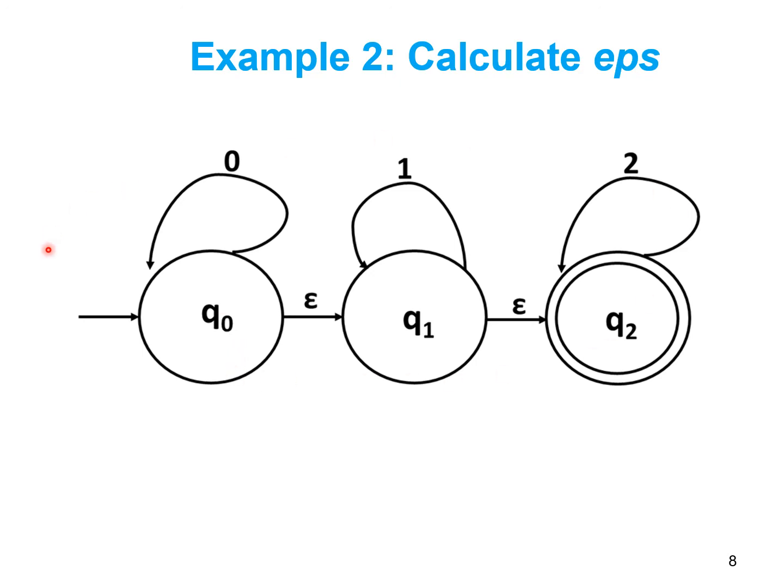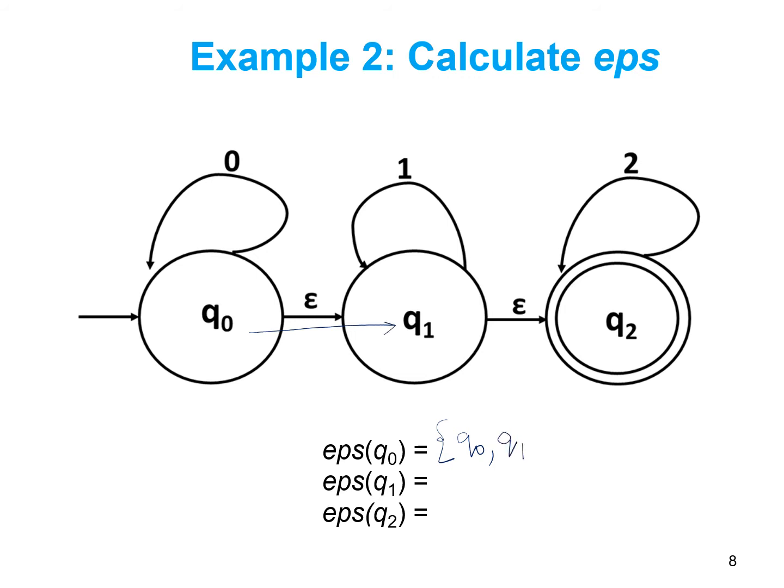Given an NDFSM, we are supposed to calculate EPS of Q0, Q1 and Q2. First, EPS of Q0. By default, Q0 is in the result, and from Q0 there is an epsilon transition going to state Q1, then Q1 is also included in the result.